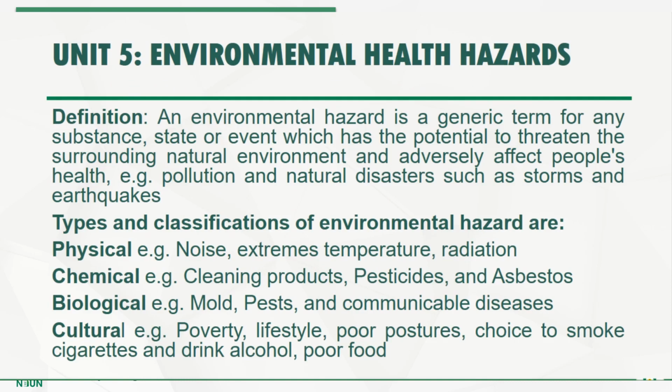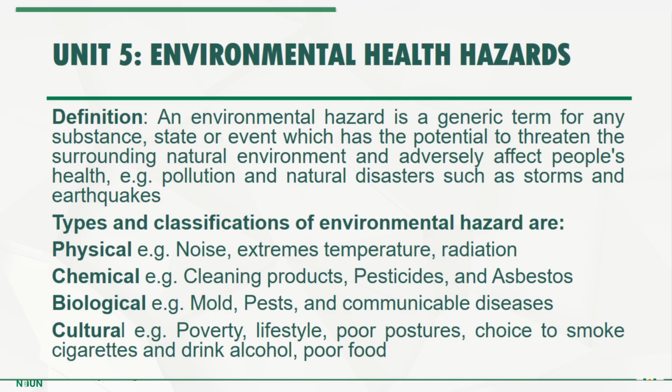What is environmental hazard? It is a generic term for any substances, state or events which has the potential to threaten the surrounding natural environment and adversely affect people's health.